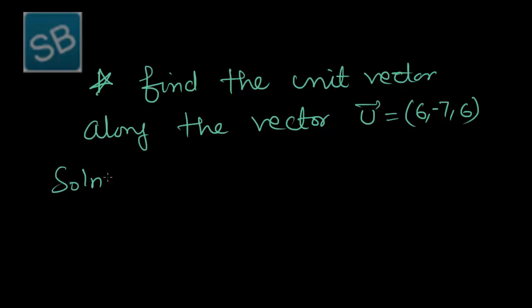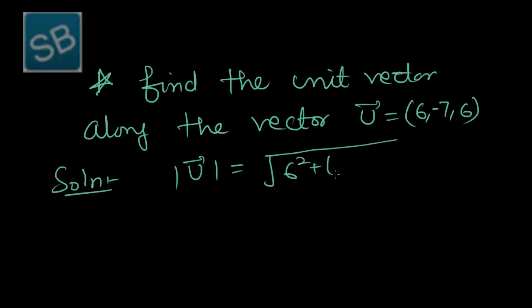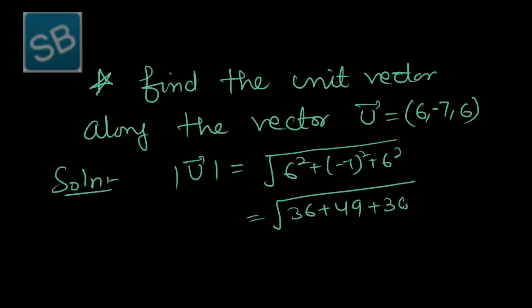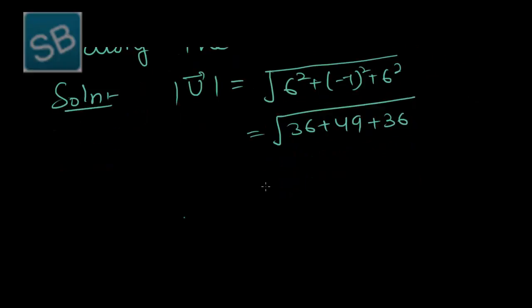So here we have to find the unit vector along this vector. First of all, we have to find the magnitude of u, that is under root 6 square plus minus 7 square plus 6 square. That gives 36 plus 49 plus 36, so that gives under root 121, which is equal to 11.